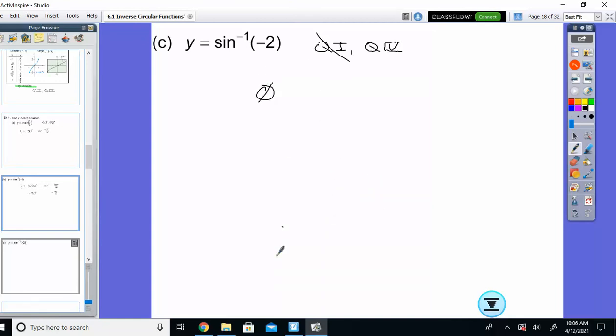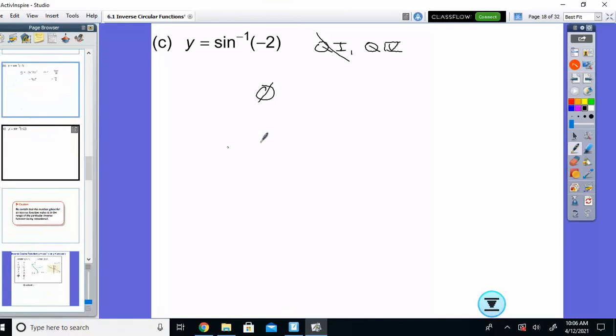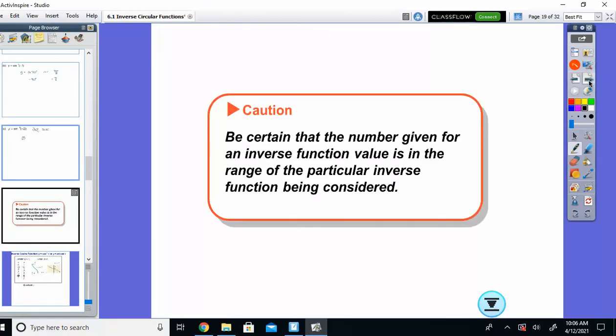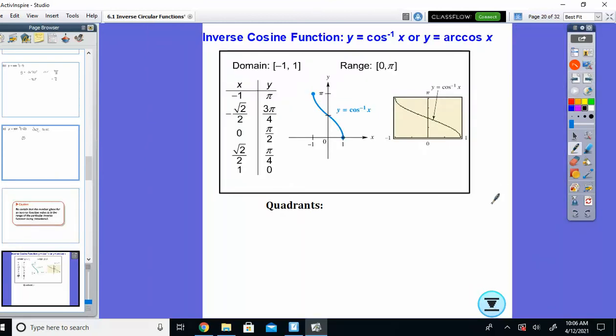No solution. Alright. Is that okay? So that's just our warning. Be careful. I might throw some values in there like that we can't solve.